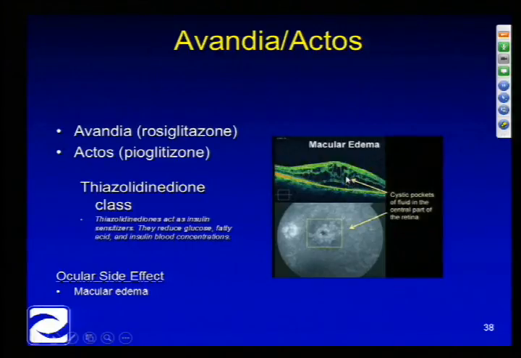Because if you look with your funduscope at a patient with this, you really don't see anything. You have to get down to a microscopic level to really be able to assess this. Back 15 years ago, we would do fluorescein angiography on these patients and inject the fluorescein dye, and you could see leakage and swelling in the macula, and that's the way we used to make the diagnosis, but now we use the OCT.